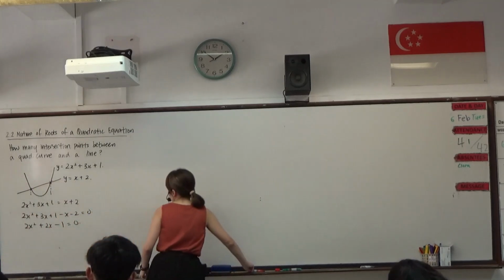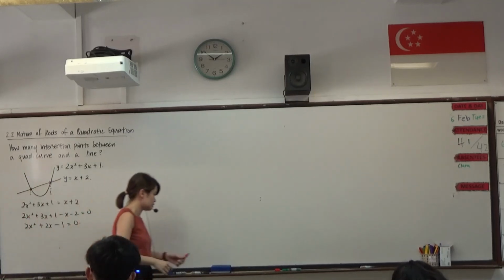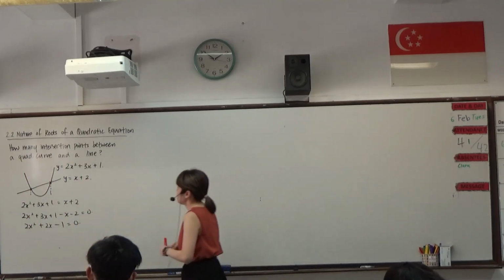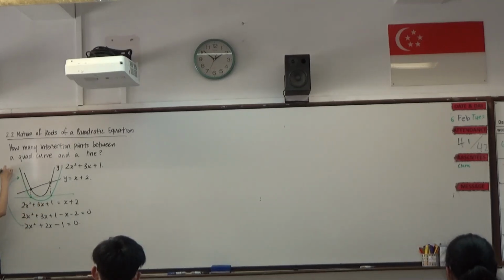I don't know how it looks like, maybe something like that, whereby my x-axis is over here. The intersections of this new curve, y equals 2x squared plus 2x minus 1, are the solutions to your x-intercept over here.